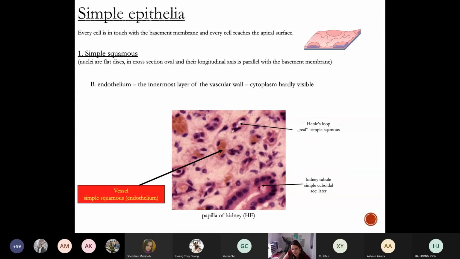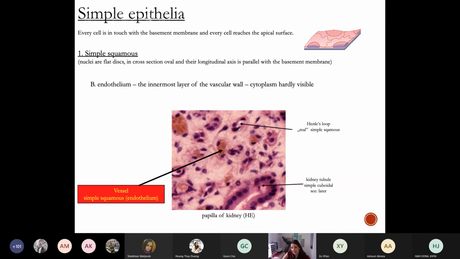And here on this picture, actually, you can see the main difference between normal simple squamous epithelium and an endothelium. And this is actually the cytoplasm of the cells.